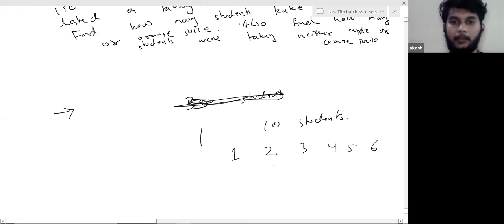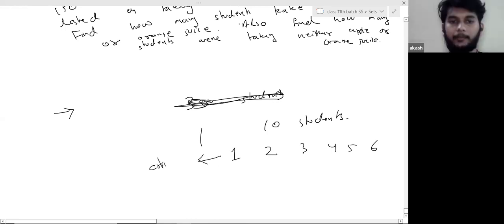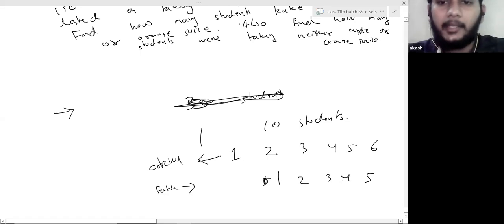These are the persons who play cricket. If I say 5 are people who play football, 1, 2, 3, 4, 5. Now you are asking, how can this be? Because in total we have 10 students, but you are getting 11.